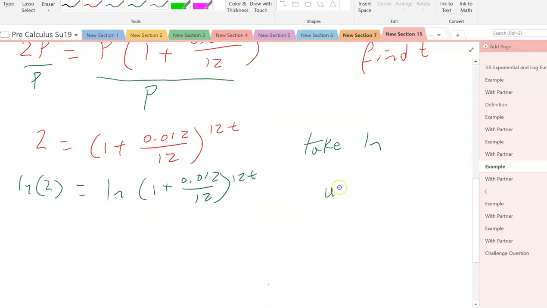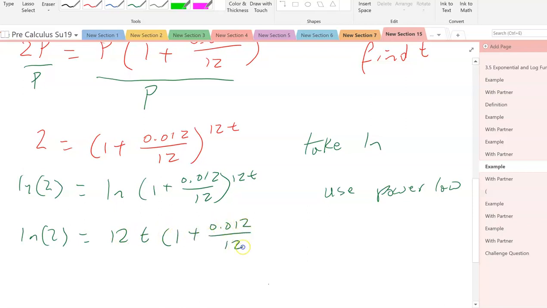Then we will use the power law to bring this 12t over. So we have ln of 2 will be equal to 12t times the ln of 1 plus 0.012 over 12. Do not forget the ln right here.